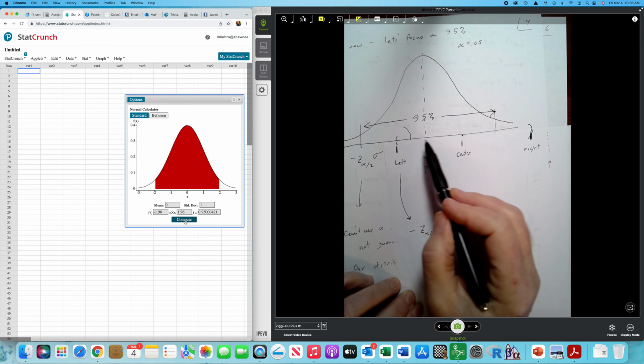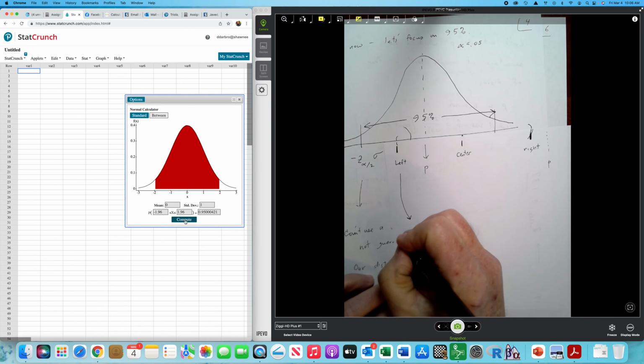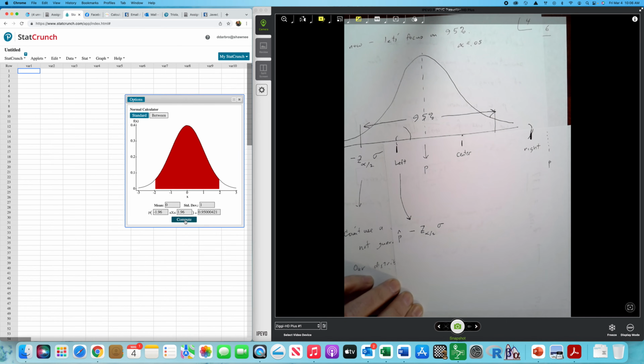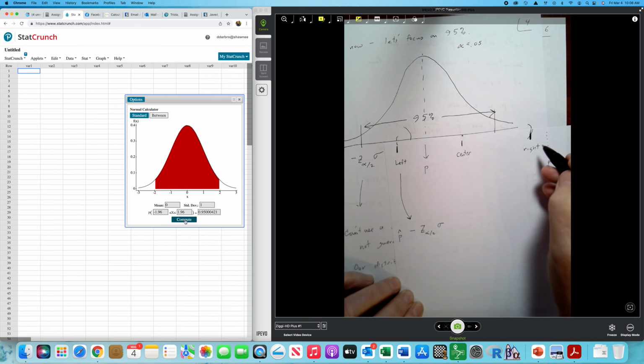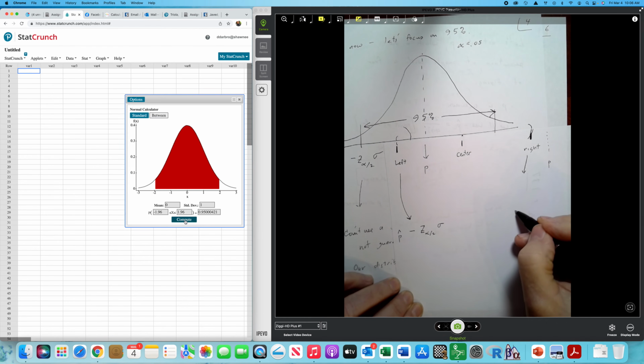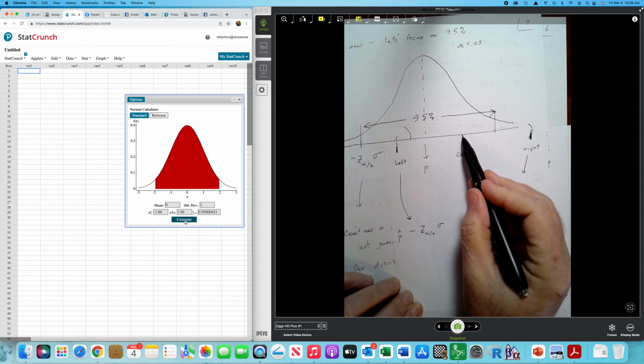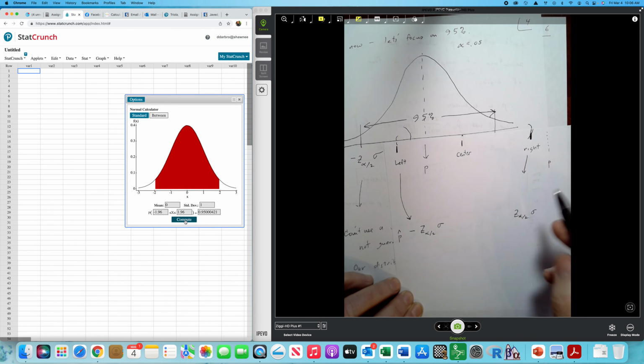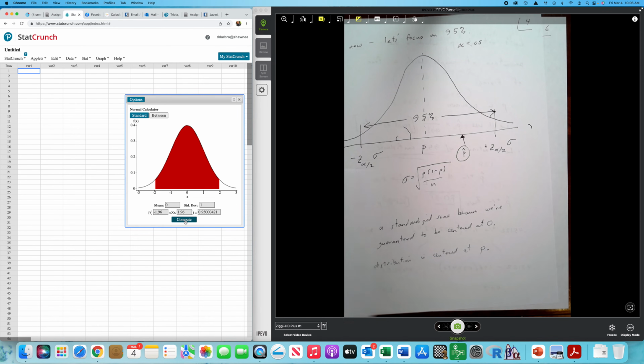But I need it from P hat, right? So it's just P hat minus Z alpha over 2 times sigma. What does this right end look like? Well, again, that distance is the same as that distance, but it's centered here, so it starts from P hat plus Z alpha over 2 times sigma.